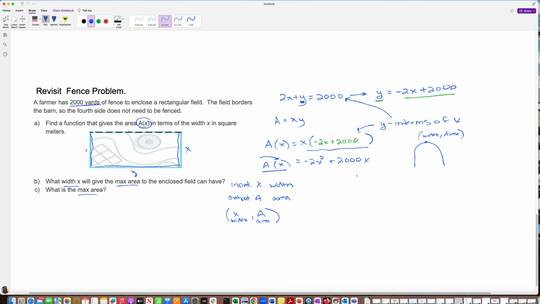Okay, so let's practice this. This time, let's practice using the formula. So I know I could complete the square with this one, but we also talked about that formula for vertex, where the vertex will be negative b over 2a, and then f of negative b over 2a.